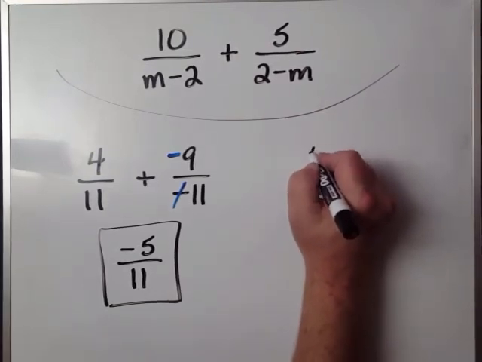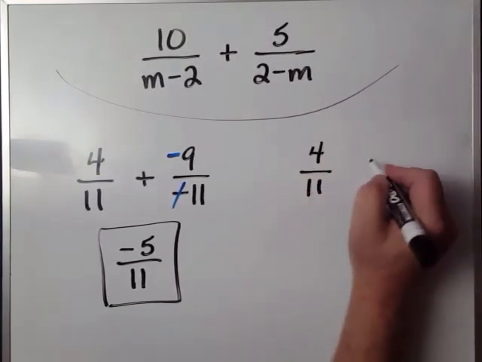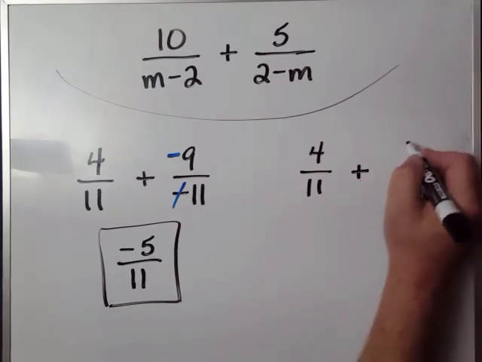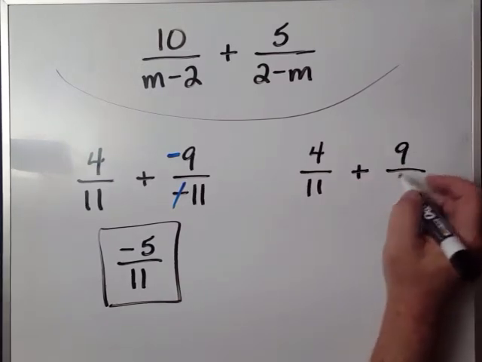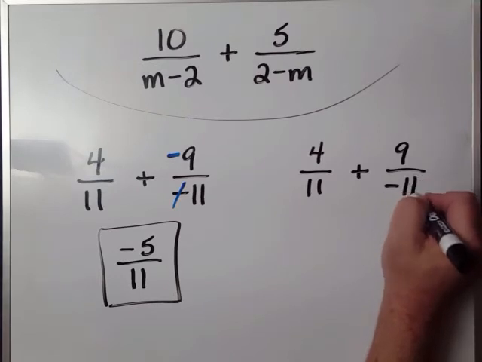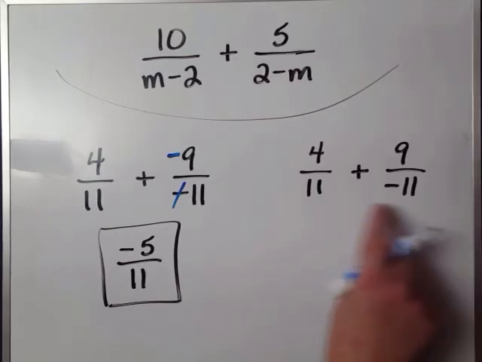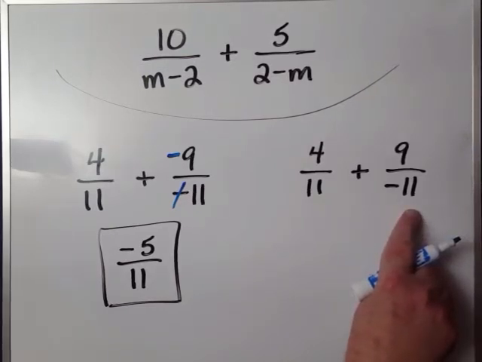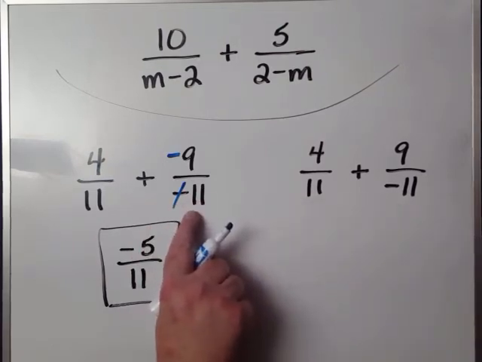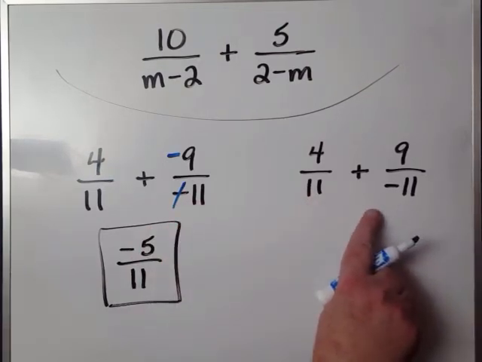But now consider this. That's not the only way to work this problem. Positive 11 does not have to be the common denominator I use. I could say, well, these denominators are opposites. All I have to do is change one of them. Over here, I changed the second one. What if I chose instead to change the first one?